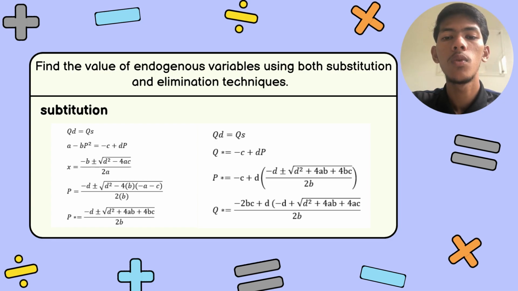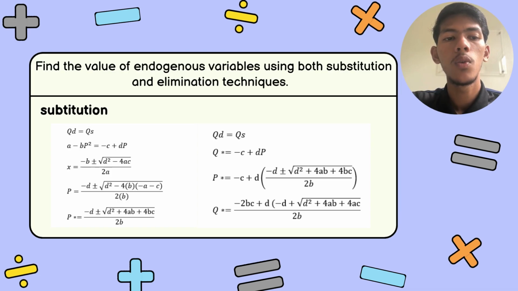And then we will make a solution for P. We use the quadratic formula negative D plus minus square root of D squared minus 4 multiplied by B and negative A minus C per 2 multiplied by B.